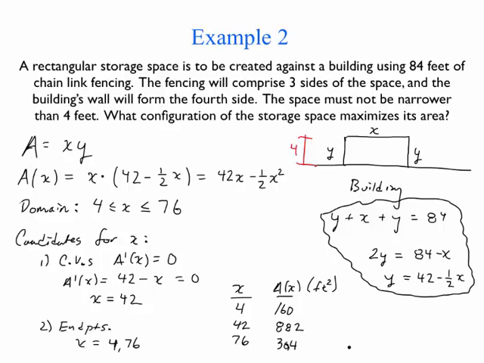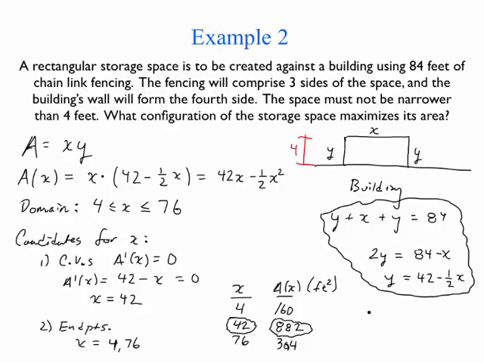Okay, so how do we configure this chain link fence to maximize the area? So you figure it out. Well, we need to know what these numbers mean. What is the 882? What does it mean? It's the area. What is the 42? Width.